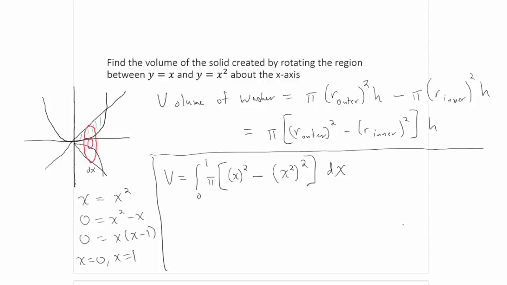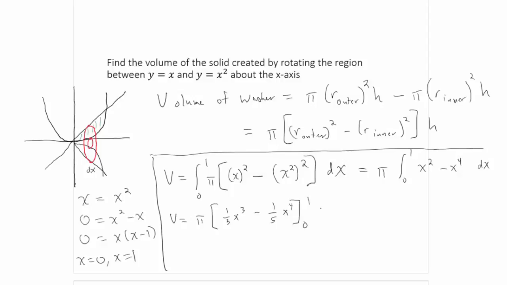I can again bring the pi outside. Integral from 0 to 1 of x squared minus x to the 4th dx. So I'd have pi, antiderivative is 1/3 x cubed minus 1/5 x to the 5th, from 0 to 1.